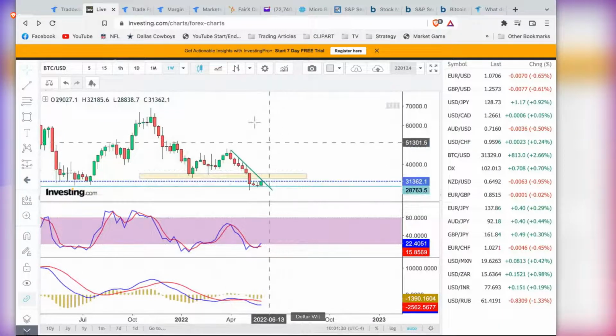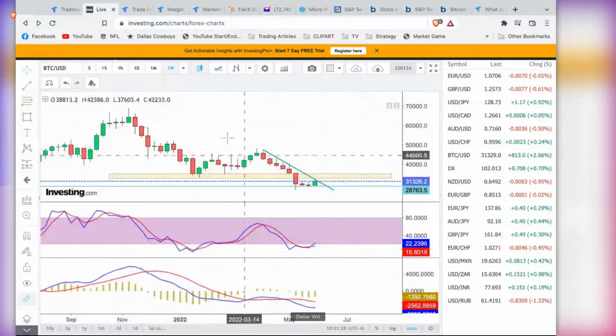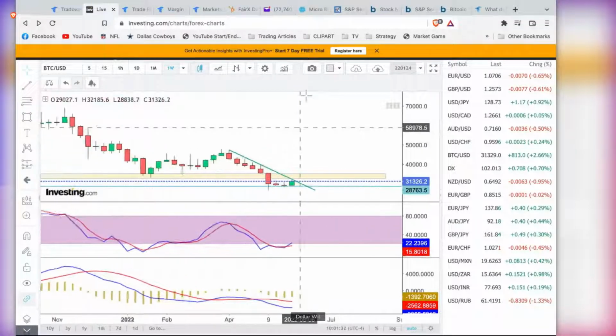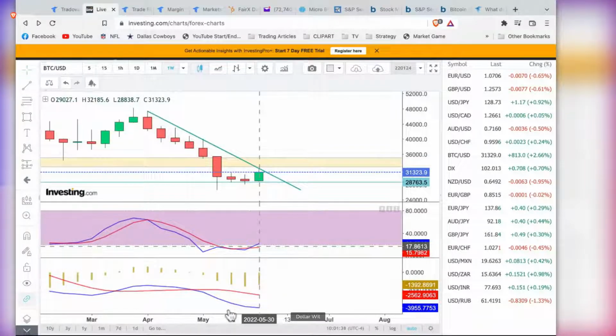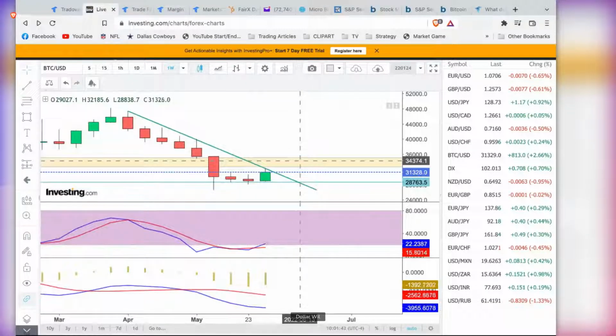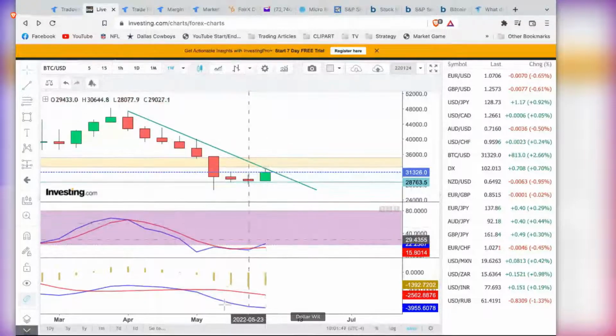It hasn't fallen as far as it's projected to fall, but we call this the A wave, this up move would be the B wave, and this would be the C wave in progress, I maintain. Although we are still oversold on this weekly chart, I'll show you that it is overbought on lower time frames.